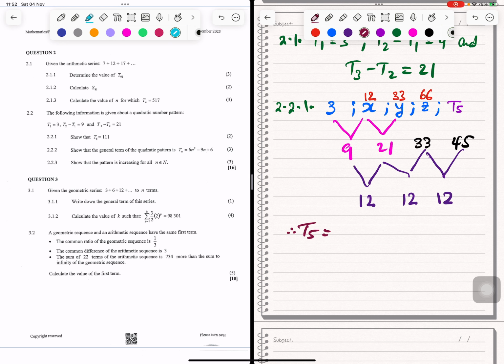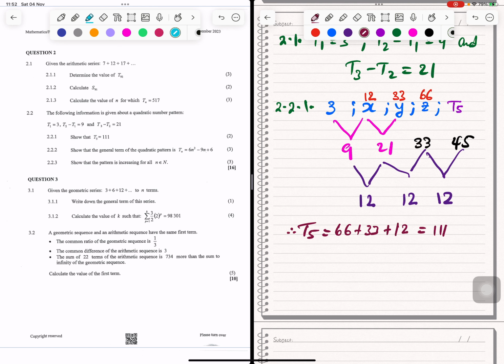So it's going to be 66 plus 3 plus 12. It has to be 12, the common difference, okay? So when you add those three terms, it's going to give you T5. So that is going to be 111 if you add them properly. Let's verify that. 66 plus 33 plus 12, you get 111.